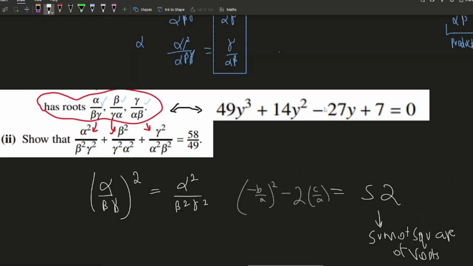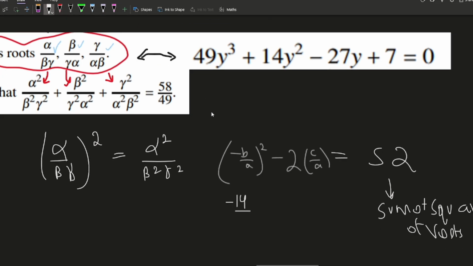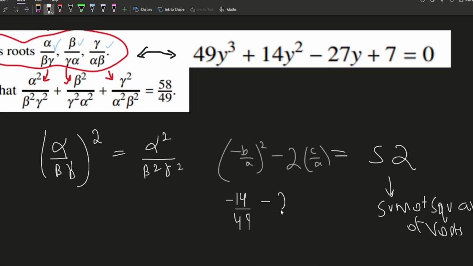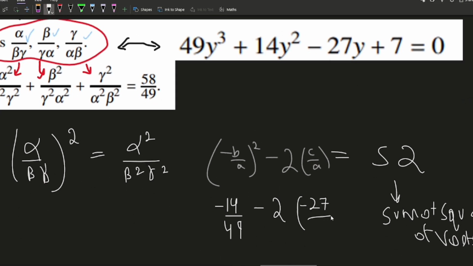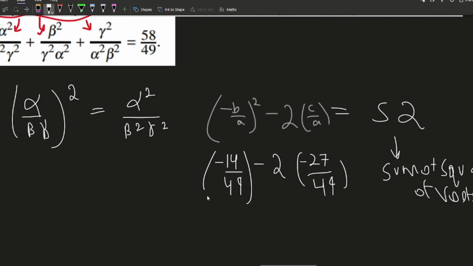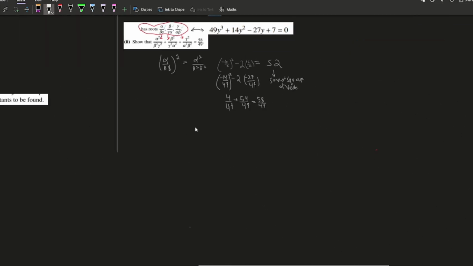So let's input the values here. Minus b, so minus 14 divided by 49, a is 49. Minus 2, c over a, c is minus 27, and a is 49. So we will end up with 4 over 49 plus 54 divided by 49, which is equals to 58 divided by 49, and we have proved this.